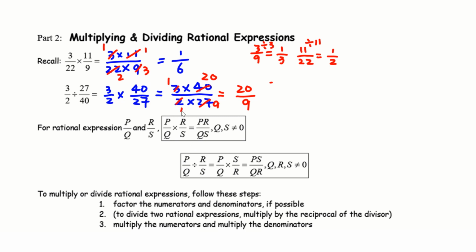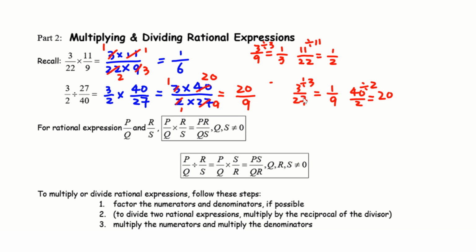So you could do 3 over 27, your calculator will give you 1 over 9, 40 over 2 gives you 20. The common factor is 2, the common factor is 3, 3 divided by 3 is 1.